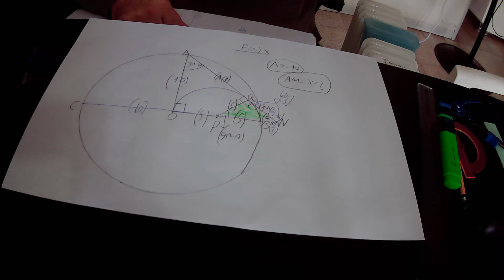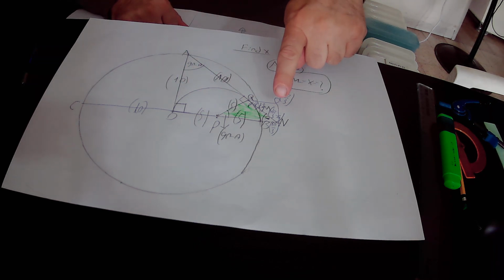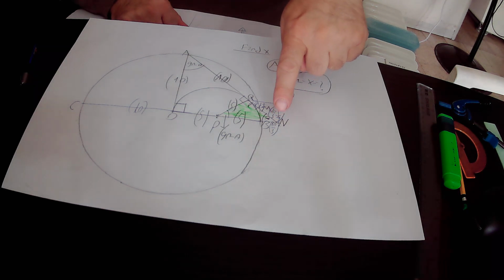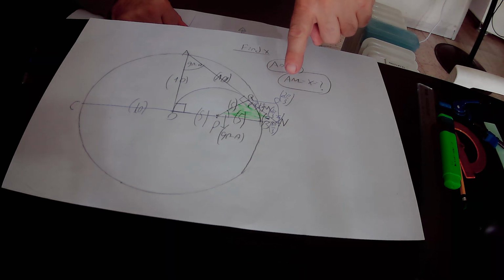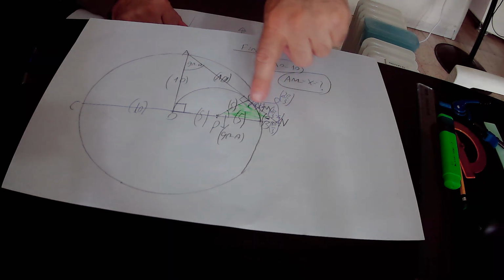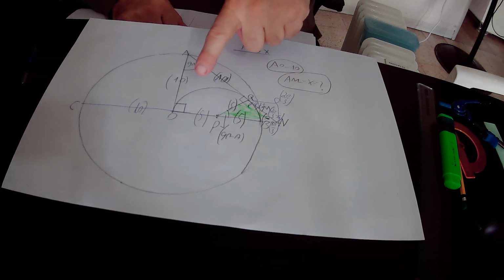Okay, this way we actually created the big right triangle AON. Then we defined angle AON as theta, and we focus on the right big triangle AON. In this big right triangle AON, this angle equals theta, this angle equals 90 degrees, therefore the missing angle here must be equal to 90 degrees minus theta. Why? Because 90 degrees minus theta plus theta is 90 degrees, and 90 degrees plus 90 degrees equals 180 degrees.